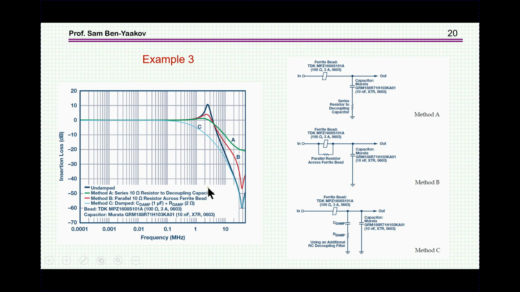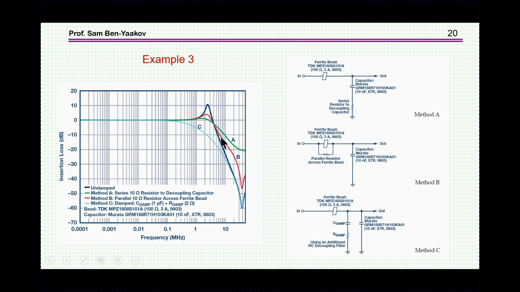And here are the frequency responses of these filters in the three situations. For the undamped, the regular one, that is the bead plus the capacitor itself, nothing else, this is what we get. This is very bad, because here we have a very high gain, and therefore if you have a step, you're bound to have a frequency in this region, and therefore you have an oscillation.